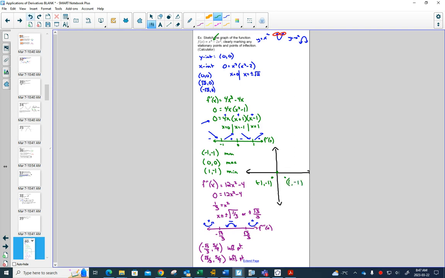Those are my green points. From my preliminaries in blue, I would also have √2 and -√2, √2, 0 and -√2, 0. I have those points. And I have inflection points at -√3/3, 5/9. I'll draw those in purple.